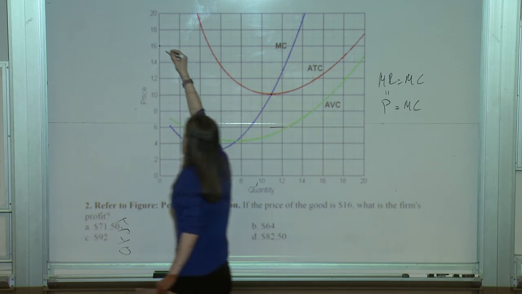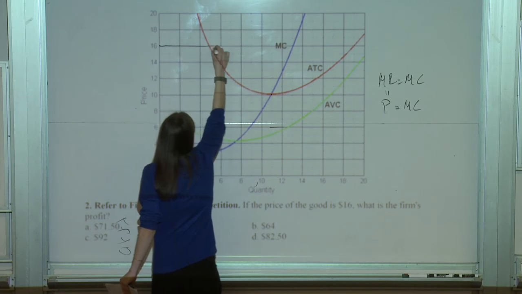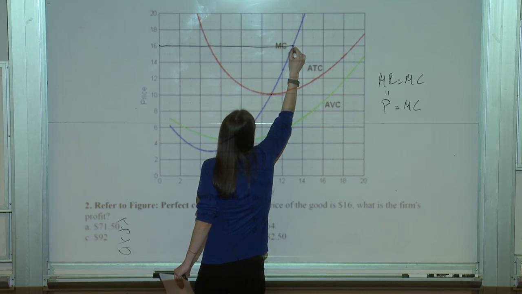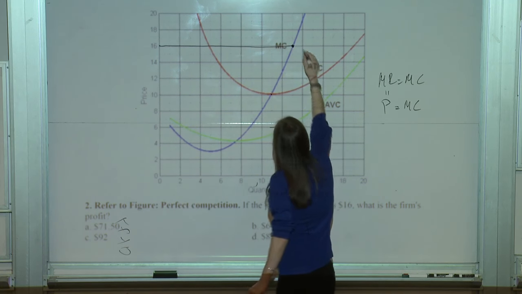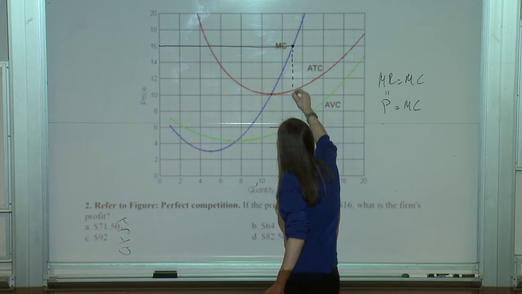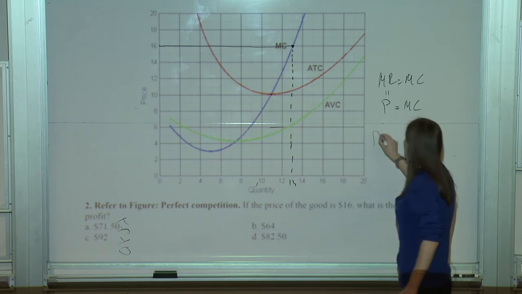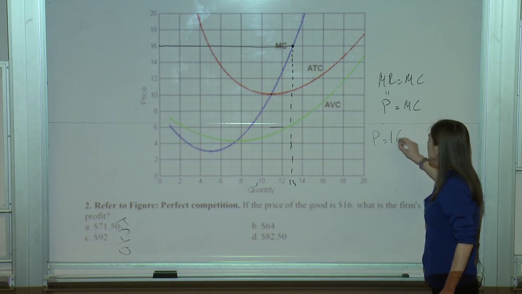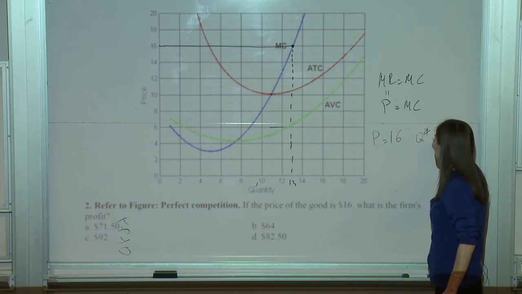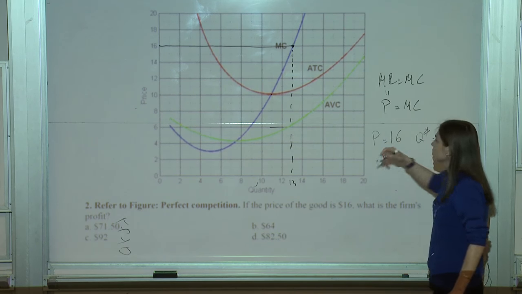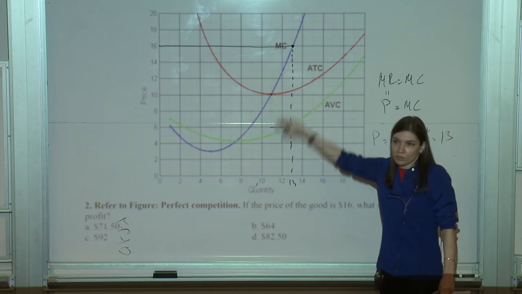The price is 16, and where it intersects marginal cost corresponds to a quantity of what? 13. So now that the price is $16, the optimum quantity is 13 units, and they obviously operate because the price is higher.